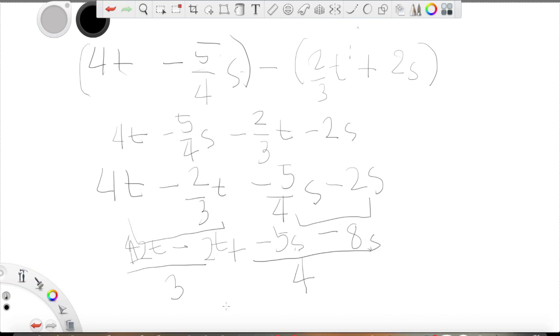Now we can combine the similar terms. 12t minus 2t becomes 10t, all over 3, and negative 5 and negative 8 becomes negative 13, so 13s over 4.